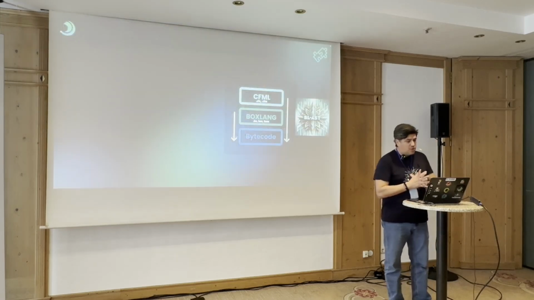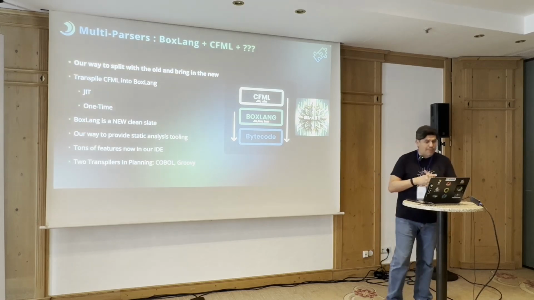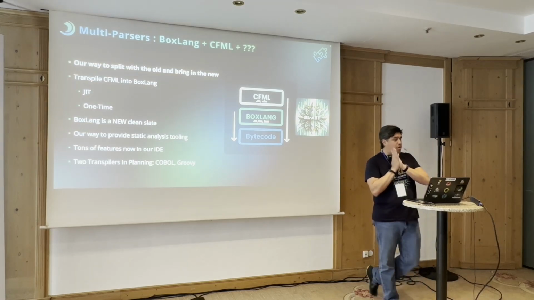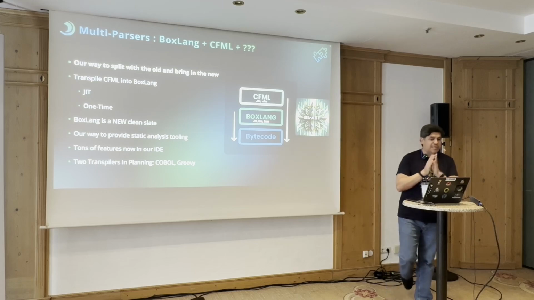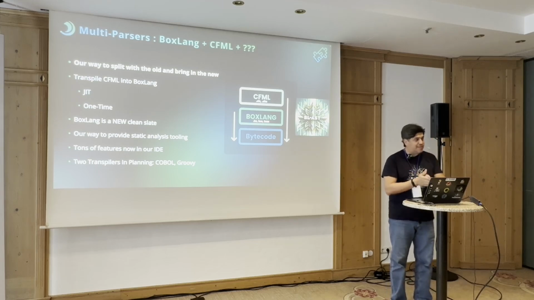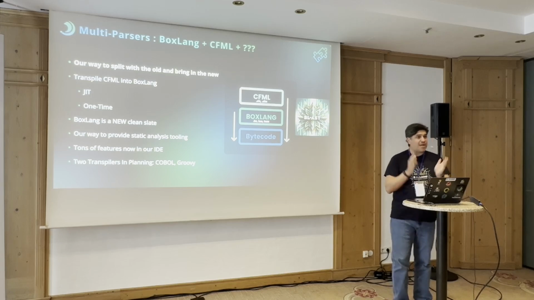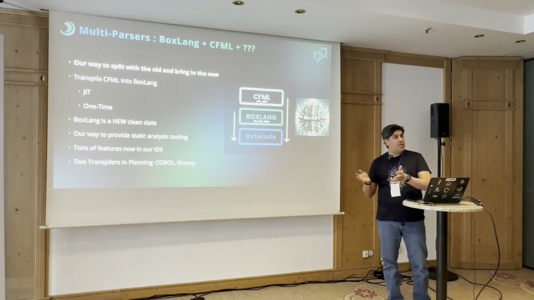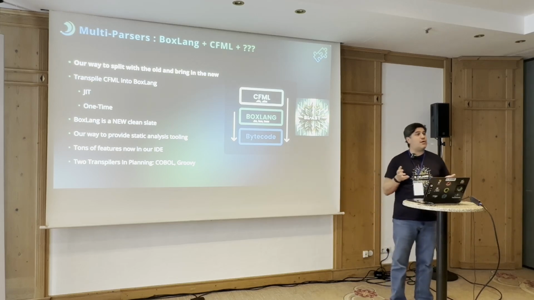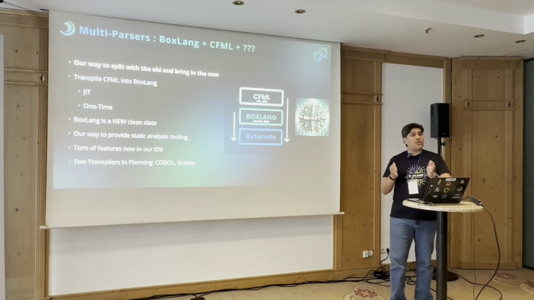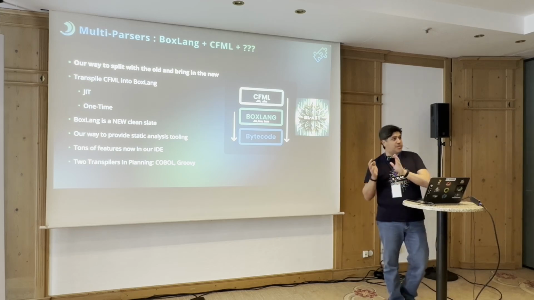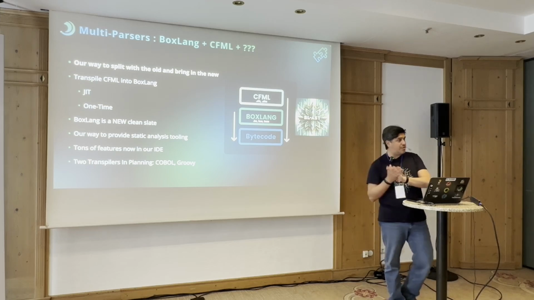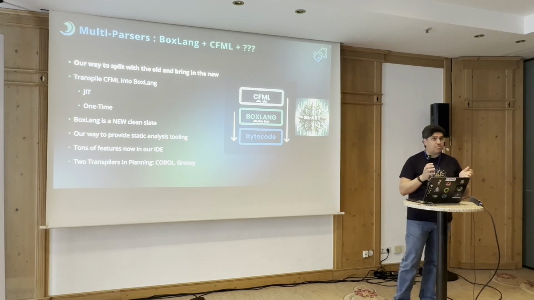All right, so moving on and starting, important, multi-parsers. So you can actually build your applications with BoxLang, in CFML, or both, okay? So obviously we manage a lot of libraries, right? So if you have, for example, a ColdBox application, it can actually run on both now. We have a new template called BX default, which is a pure BoxLang ColdBox application, or you can mix and match, okay?